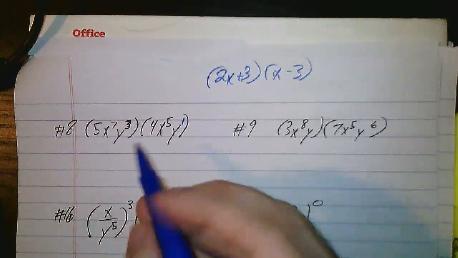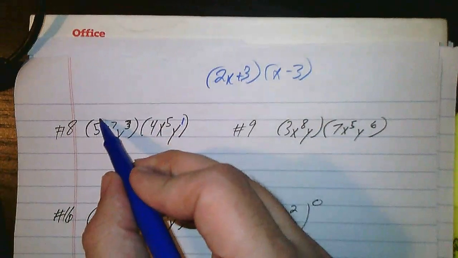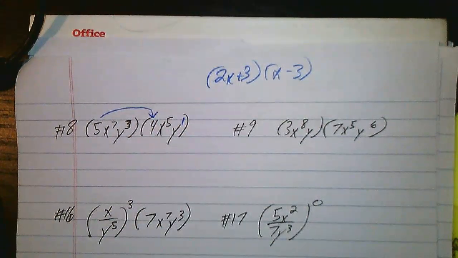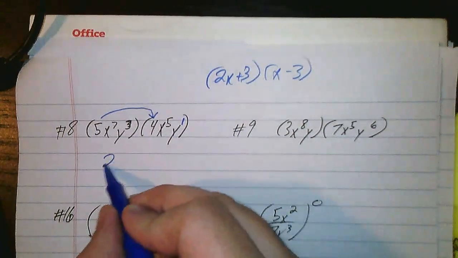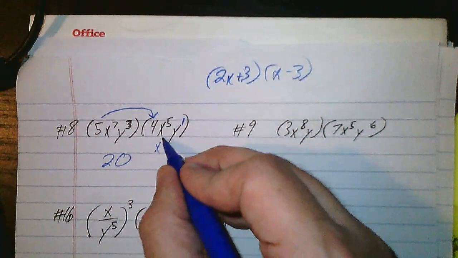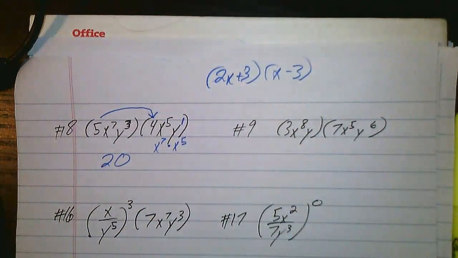So we're just going to multiply these. And we do multiply the 5 times the 4. We multiply the coefficients to get 20. And we can take this off to the side, as always. X to the 7th times x to the 5th.